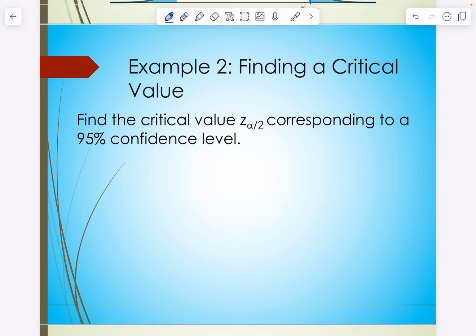Example, finding a critical value. Find the critical value z of alpha over 2 corresponding to a 95% confidence level. Well, if it's a 95% confidence level, then alpha is going to equal 0.05, because 1 minus alpha, times 100, is the confidence level percent.